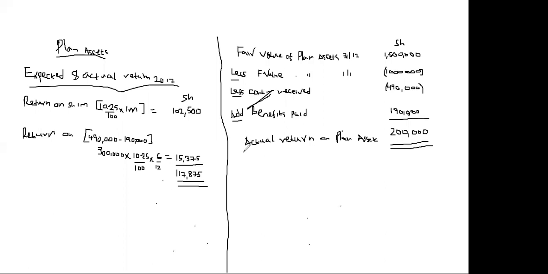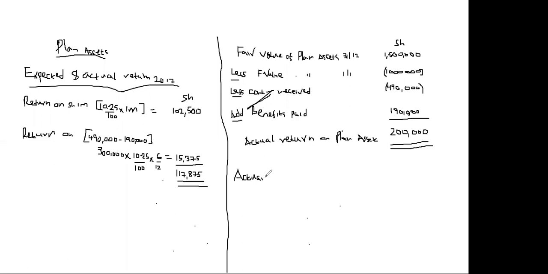Why are you saying that it is a gain? Because the actual return is more than what we expected. What we've got is more than what we had anticipated.